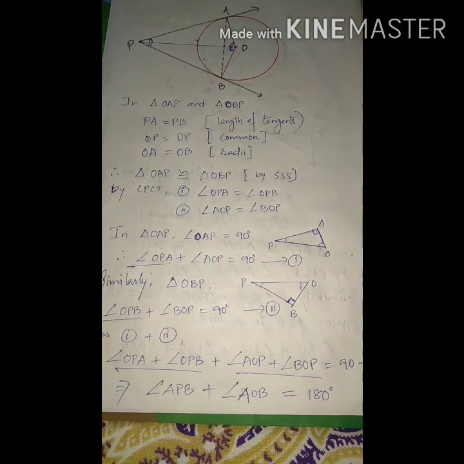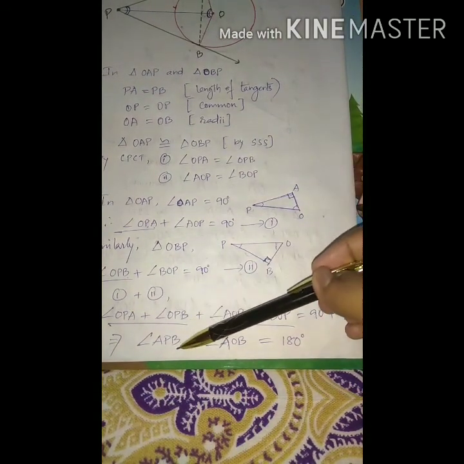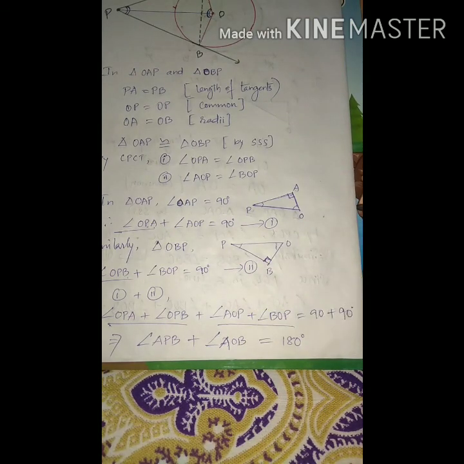So that's why if you see here we write OPA plus OPB equal to, we can write APB, and in place of AOP plus BOP, what we can write? We can write AOB, and the sum of this 90 plus 90 is what? 180. 180 means what? Supplementary angle.